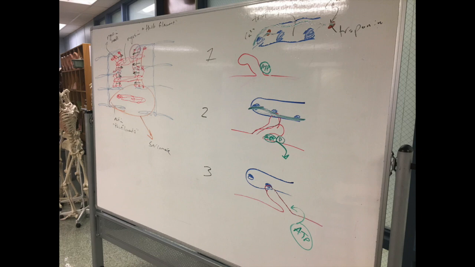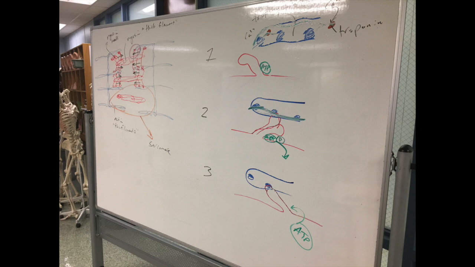Now, the kicker is when calcium is exposed to this system. Calcium's a really important ion. When we send a nerve impulse to our muscles, it causes a sequence of events that ultimately releases calcium all over these sarcomeres.